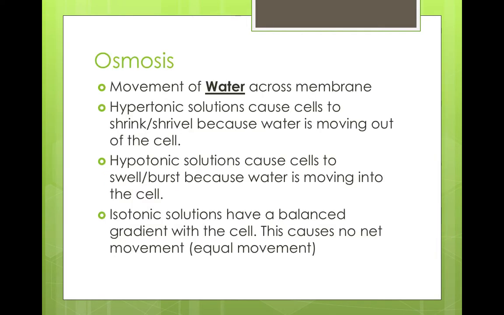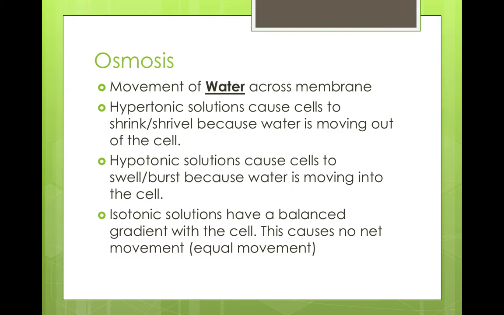All right, so osmosis. First things first, we need to know that osmosis is the movement of water across the membrane. That's the same thing from yesterday's information, day one's information. Now, we do need to make sure that we know that whenever we're talking about this, we're going to have a few key terms here. We were talking about hypertonic solutions, hypotonic solutions, and isotonic solutions.